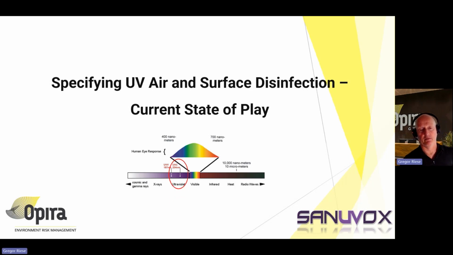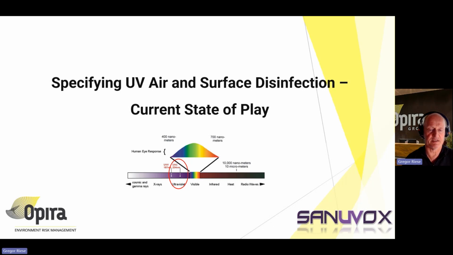First things first, when we're talking about 254 UVC, we're talking about wavelengths below the visible spectrum. So we see between 400 and 700 nanometer light, ranging from deep purple to dark red. UVC is invisible, and the only reason we normally see UVC lamps operating is that some of those lamps are operating up in the visible blue light spectrum.